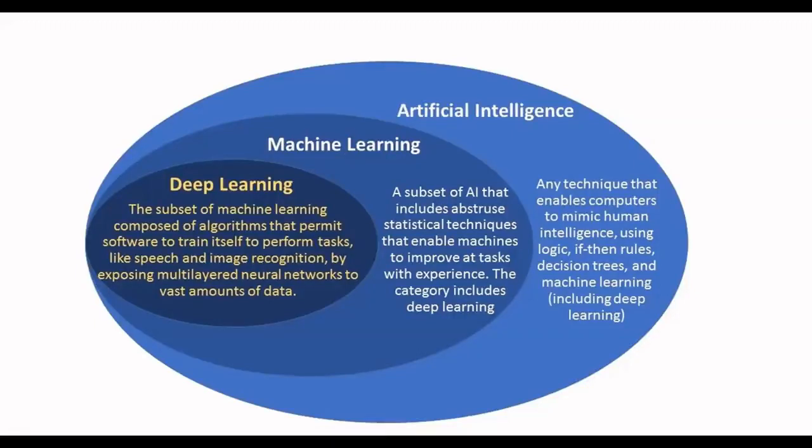and it is composed of algorithms that permit software to train itself to perform tasks like speech, image, video, audio, and so many things, by exposing a multi-layered neural network to data. The term neural network is something like the brain.